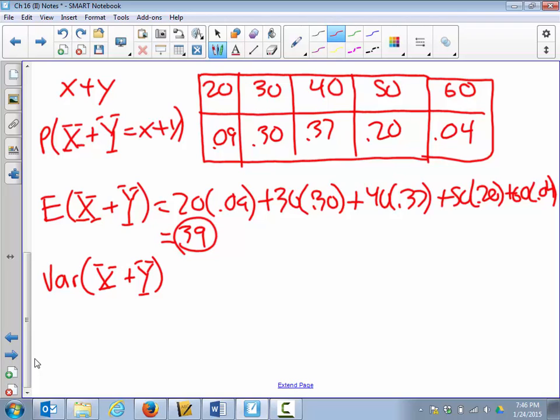Now let's look at the variance, the spread between your winnings plus my winnings.